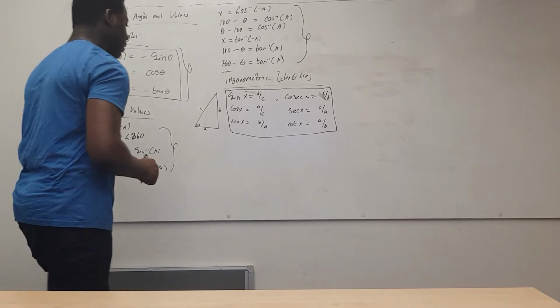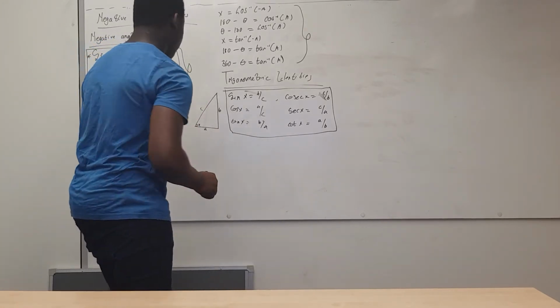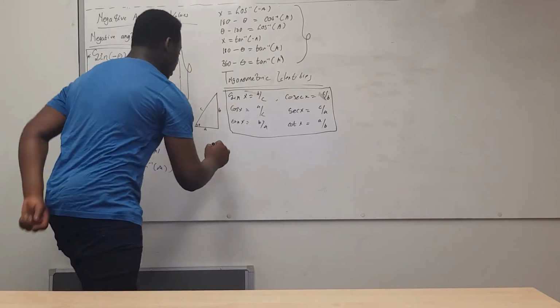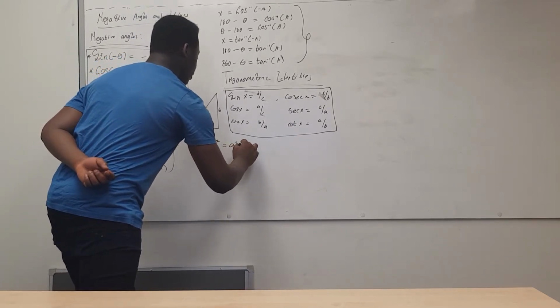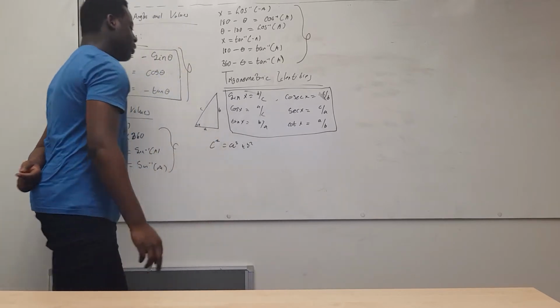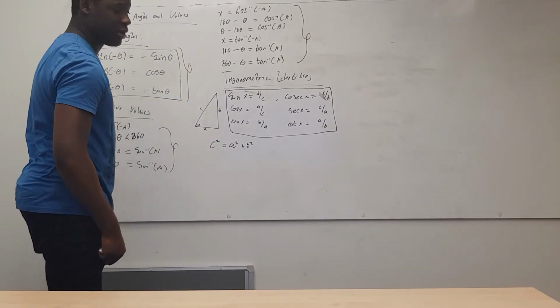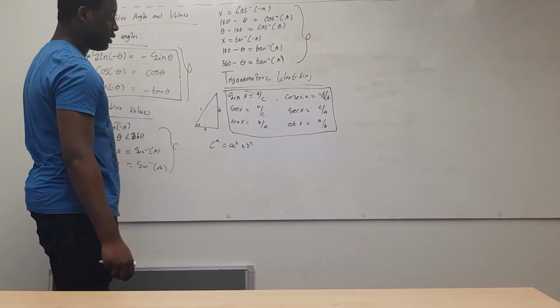We also know from Pythagoras' identity that c squared is equal to a squared plus b squared. Okay, let's divide all through by c squared.